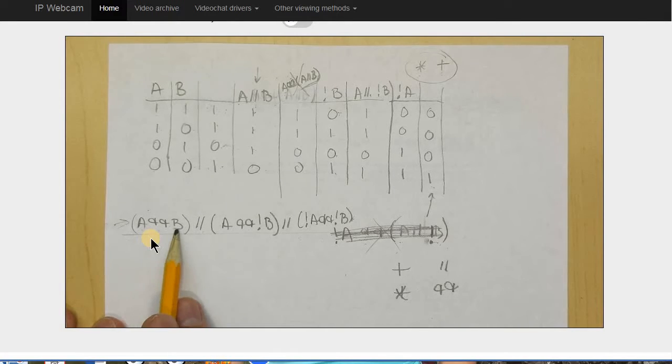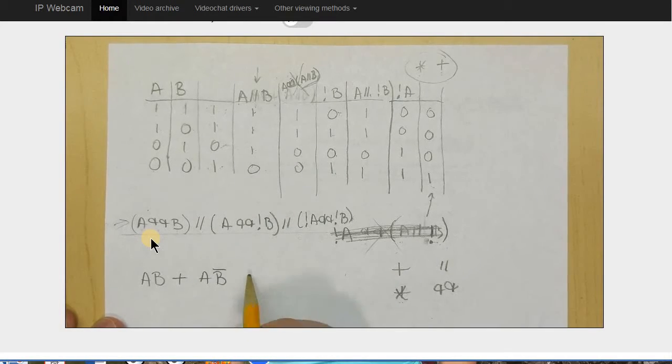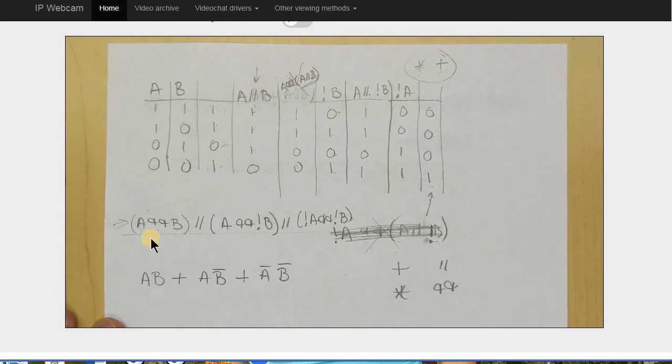So when it says A and B, we actually don't use the multiplication. We just have A and B, like that, or A and not B, or not A and B.